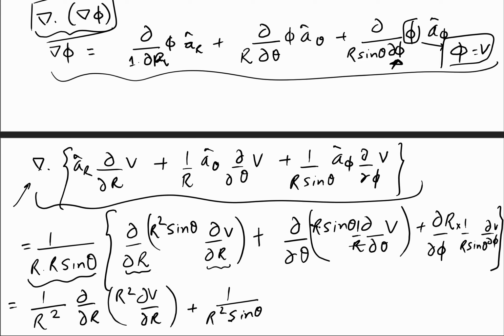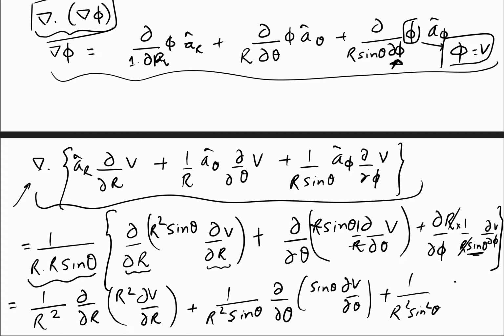Now this r will get cancelled out. Dou by dou theta of sine theta dou v by dou theta, plus this r will get cancelled out, and the sine theta can come outside. 1 by r square sine square theta dou by dou phi of dou v by dou phi. So it will give dou square v by dou phi square. So this is equal to del square v.